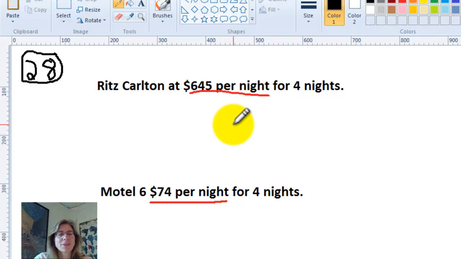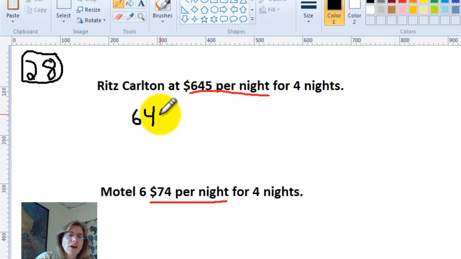Alright, so you can look at it as if you're paying somebody physically $645 per night, you could literally put it down that way.